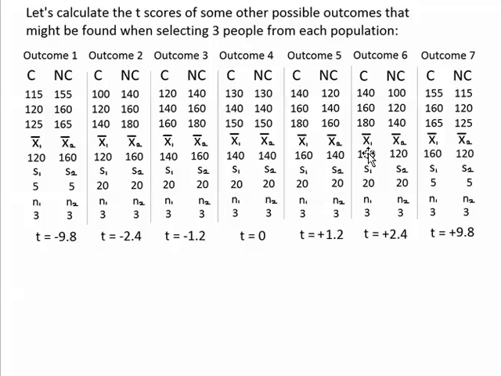If the mean of sample 1 is higher than the mean of sample 2, the t-score is positive. Also, the further apart the two sample means are, the bigger the t-score gets. So here we have a fairly big difference between the sample means, so t is a big negative number. Here we also have a pretty big difference going the other way, so t is a pretty big positive number.